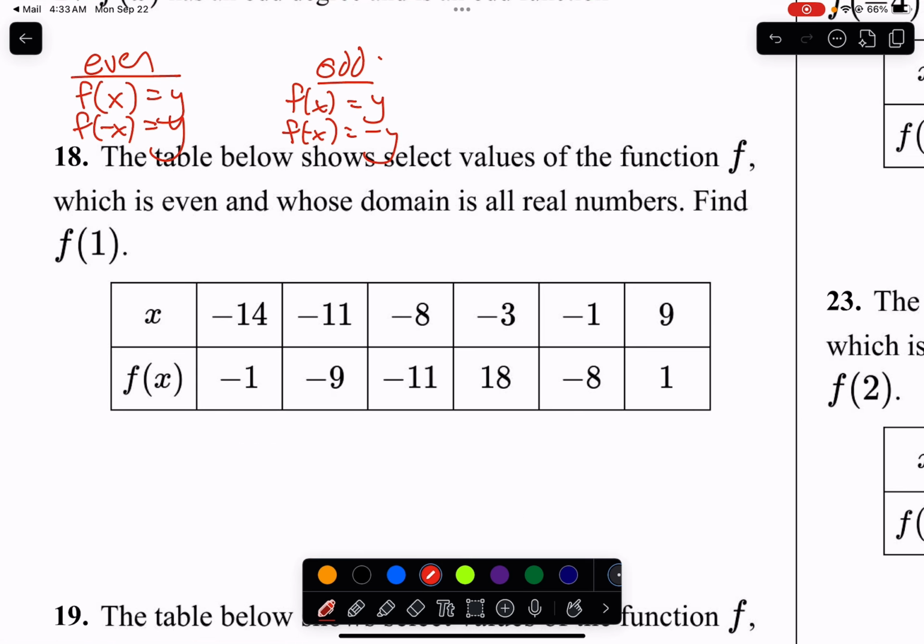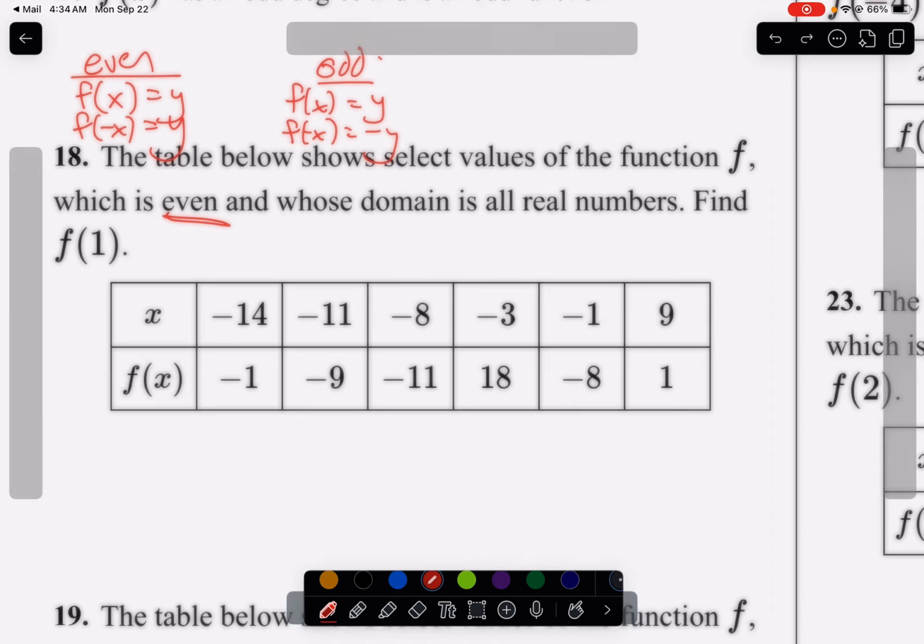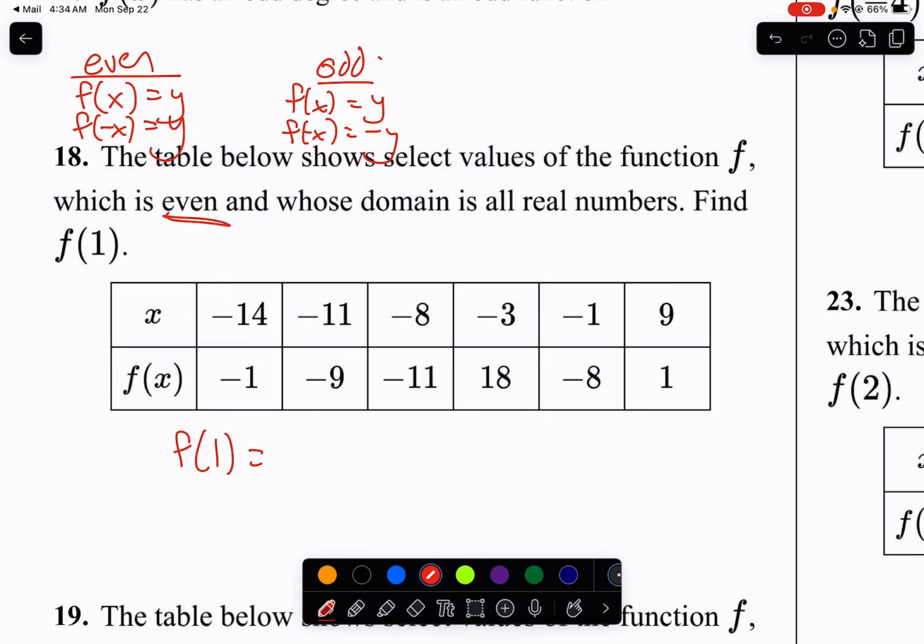So in this case, let's see, number 18, it says we have an even function. All right, so we know that it's going to follow this pattern here, right? And it tells us they want us to find f of 1, okay? Well, in an even function, f of 1 is going to equal f of negative 1, right? You can see that these guys are equal here.